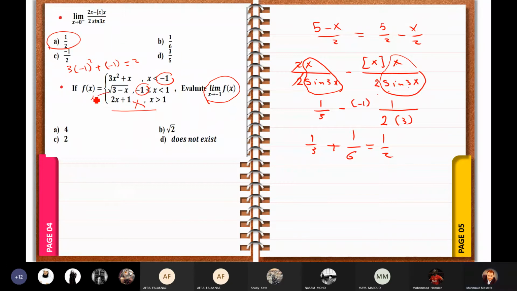This one is square root of 3 minus negative 1, also equals 2. So the limit is what? It's 2, as you see. Okay, girls and boys? Yes.